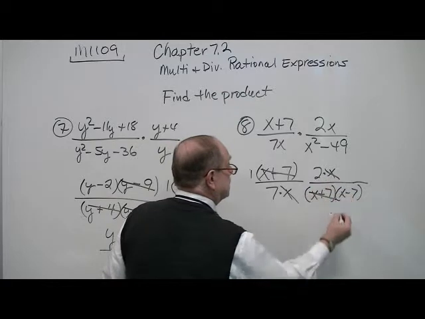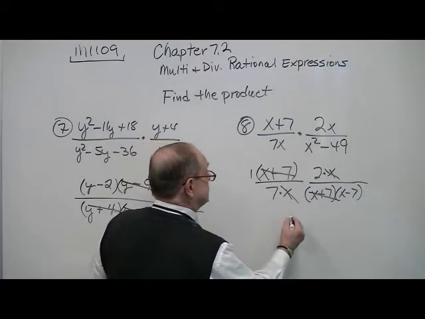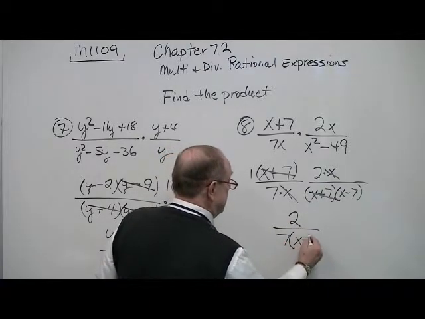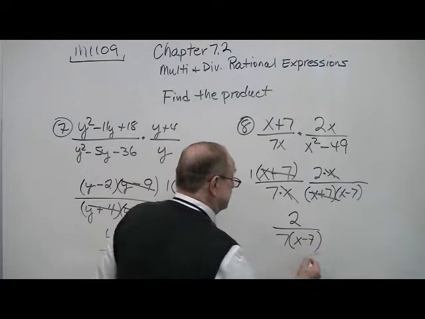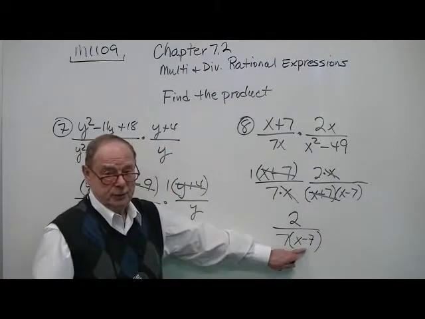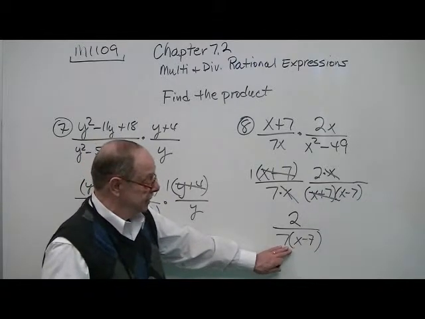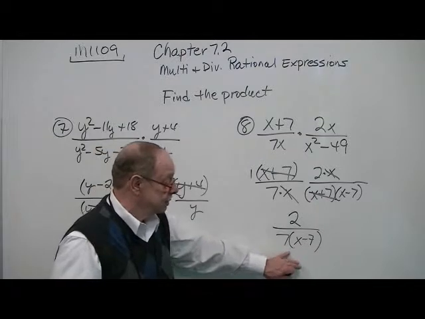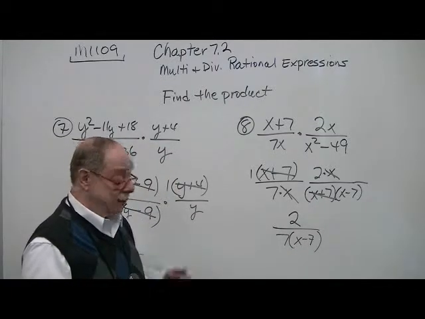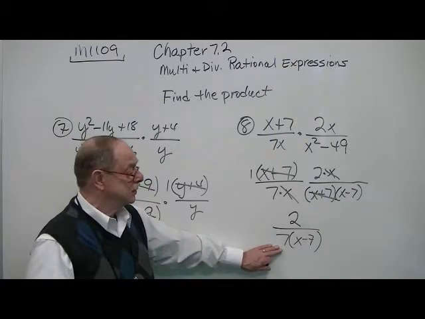And that looks about it. So your answer is 2 over 7 times x minus 7. Now you might say, should I multiply through? Well, I believe MyMathLab wants you to leave it like this. If you did multiply it through, it should count it as correct. I know I would. But usually they ask you to leave it in factored form.